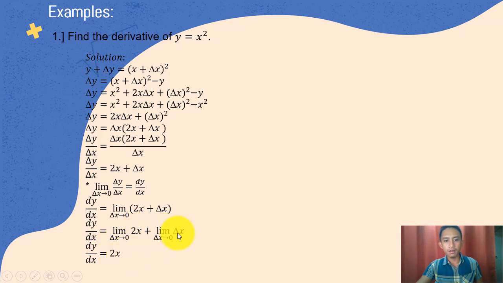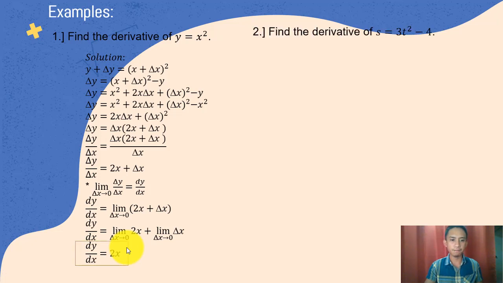Now the limit of delta x as delta x approaches 0, that is again a property of limit, wherein that will just become itself, which is 0. So I do not need to put there 0, therefore dy/dx, or the derivative of that function on top, is 2x. Okay, so that is your derivative. That is the answer.